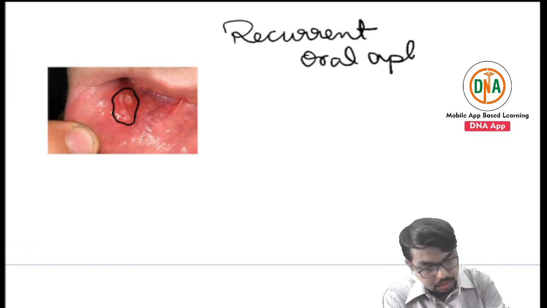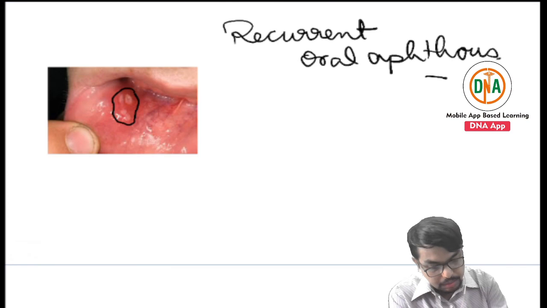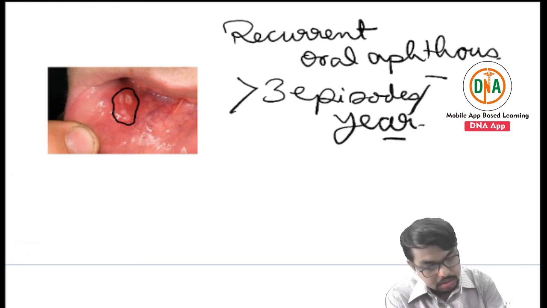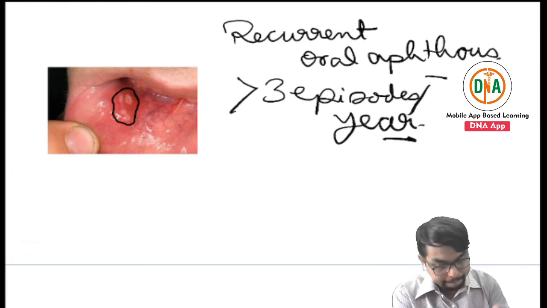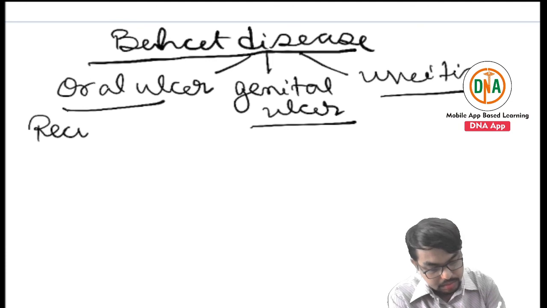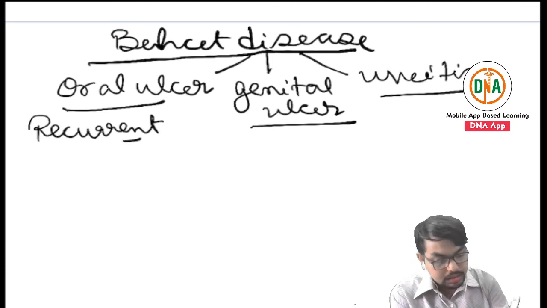Recurrent, painful oral aphthous. If you get more than 3 episodes of aphthous per year, suspect Behçet. Then look for genital ulceration.